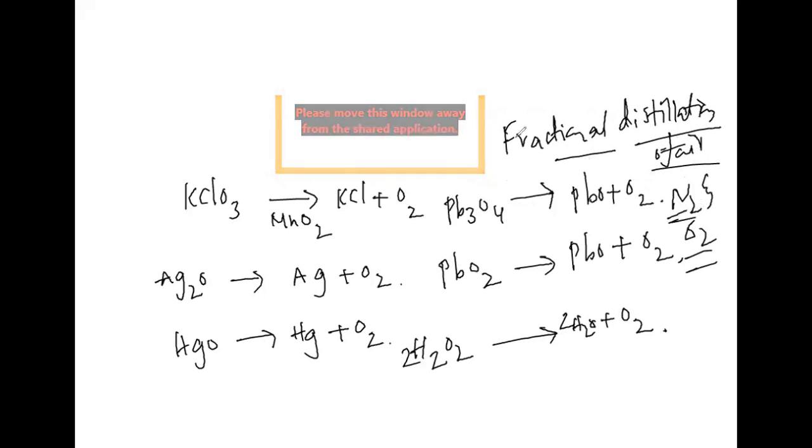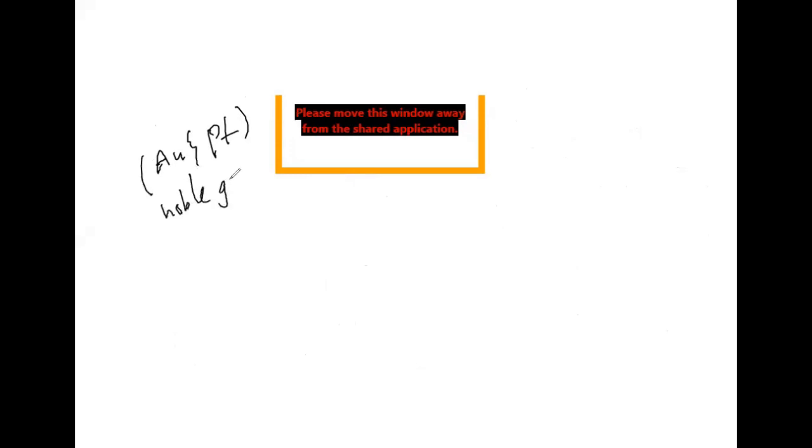For this, first we'll separate nitrogen as well as oxygen depending on their boiling points. Right. Now, it has unique behavior. Oxygen combines with almost all metals as well as non-metals, except some noble metals like Au, that is gold, and platinum, and some noble gases.